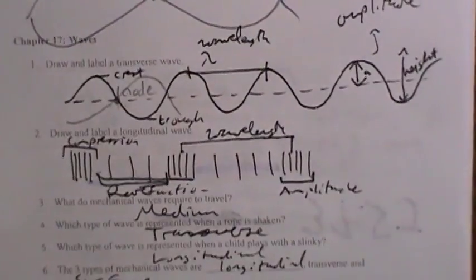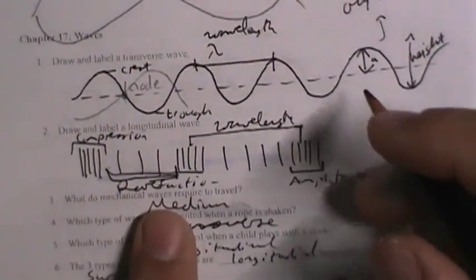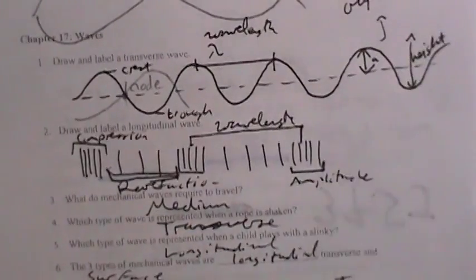Alright, a longitudinal wave is another way to carry energy, and it is a compression and rarefaction chain. Compressions are where you squeeze things together, rarefactions are where you pull them apart. Sound waves are the classic example of a longitudinal wave, because a speaker membrane actually works just by pushing back and forth.